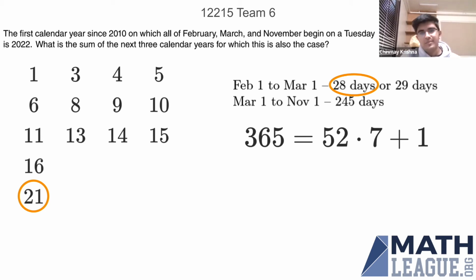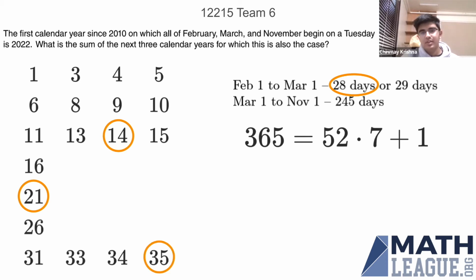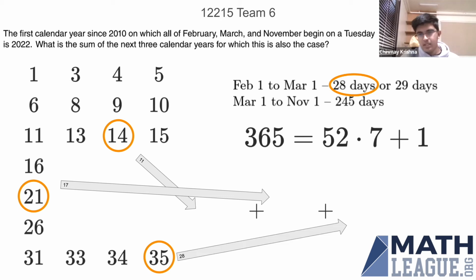So we found that 14 is a multiple of 7, and then we continue, and we find that 35 is also a multiple of 7. And then the second column would be the leap years, so those don't work. So these would be the 3 next ones: 11 years after 2022, 17, and then this one would be 4 times 7, which is 28.